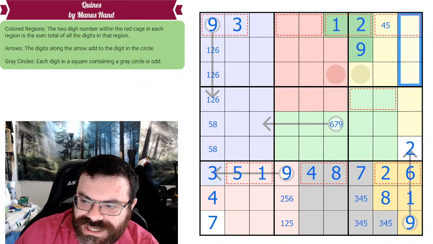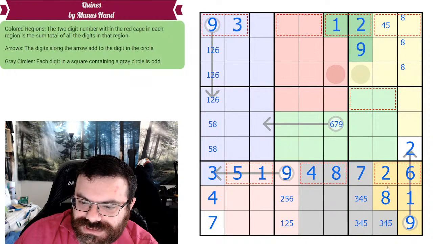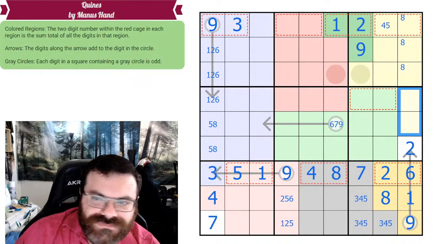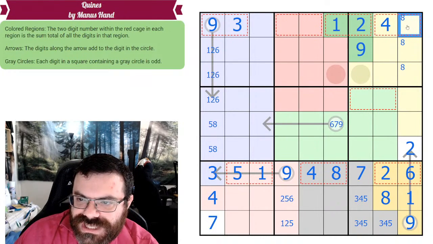Actually, we know 8's up here in the box. This 8 sees up and 8 is not odd. So this can't be 8, 7. This can be 7, 5. 46 is our max, so we can't even be 48.